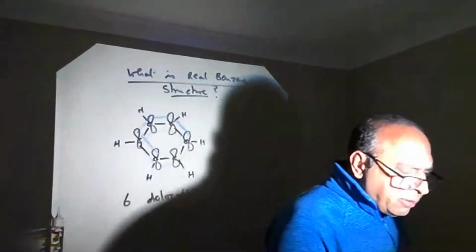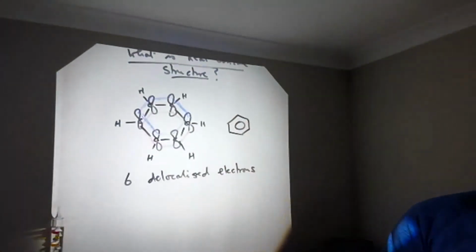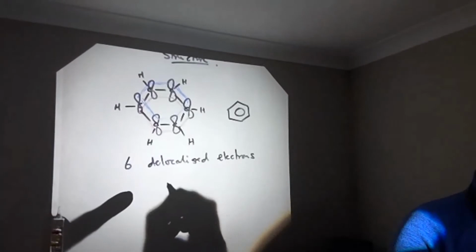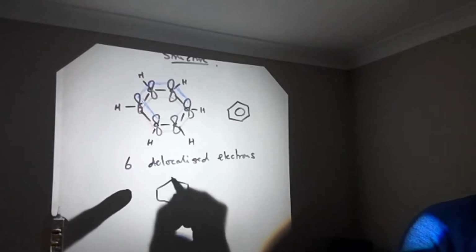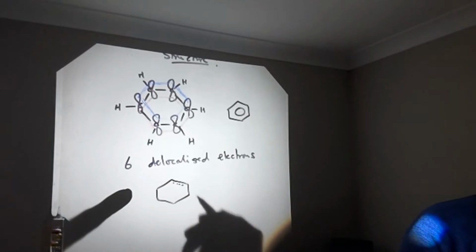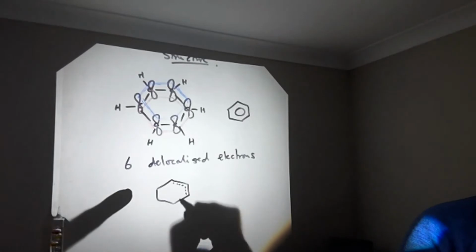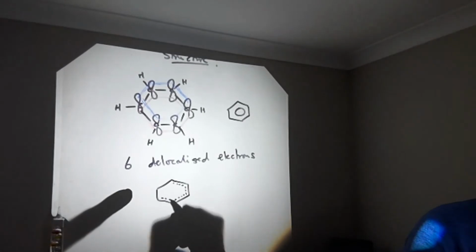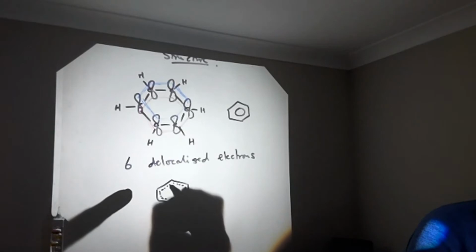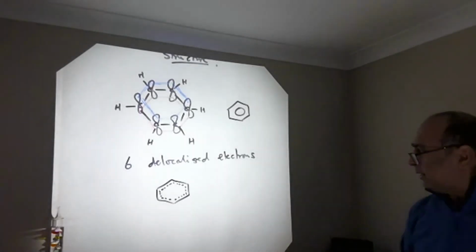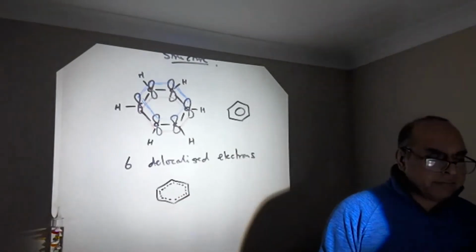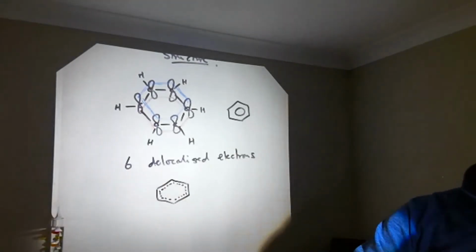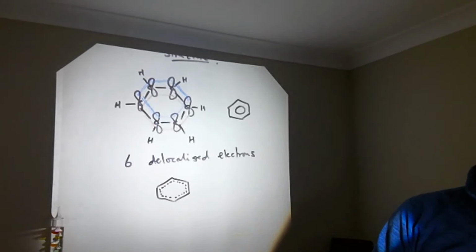So really, if you want to think about benzene in the right way, you should think about it maybe like this, partial double bond, partial double bond, partial double bond, partial double bond between all of the carbons like that, where the 6 electrons can whiz around there above and below the plane of the atoms.